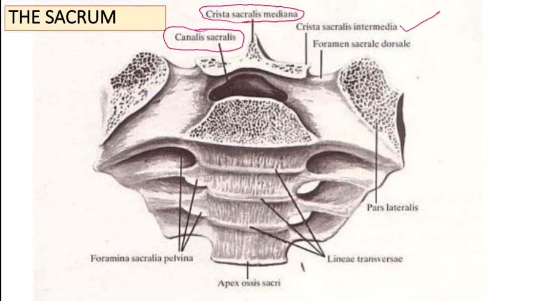You have the crista sacralis intermedia, and here are the foramina I told you about. Here the upper part is not there, so this whole thing is a foramen. It's foramina sacralia dorsalia if you are looking at the back, and if you are looking at the front, you see foramina sacralia pelvina.